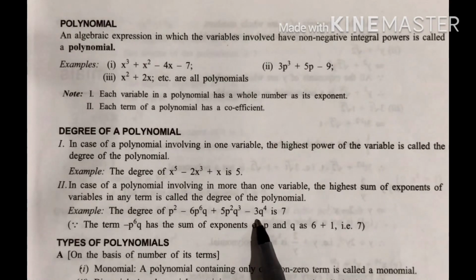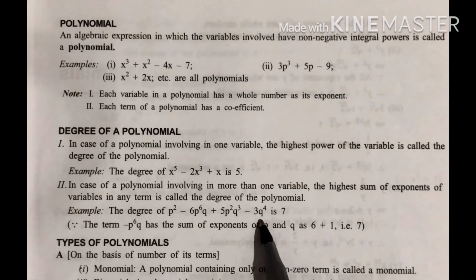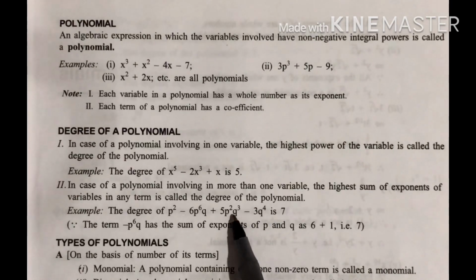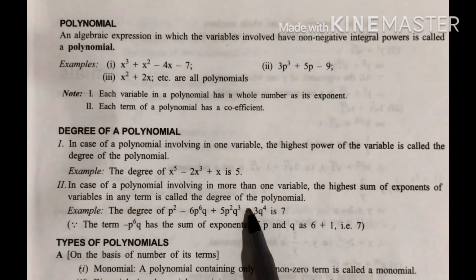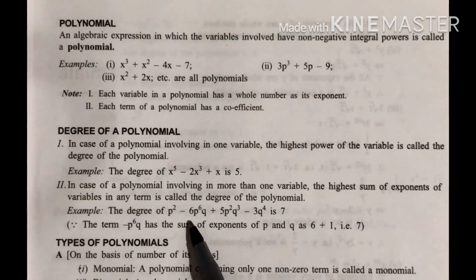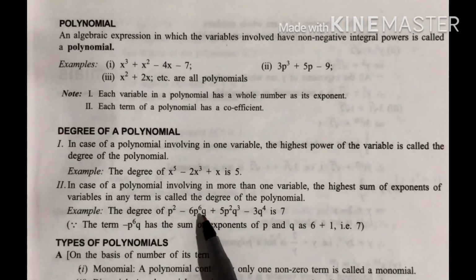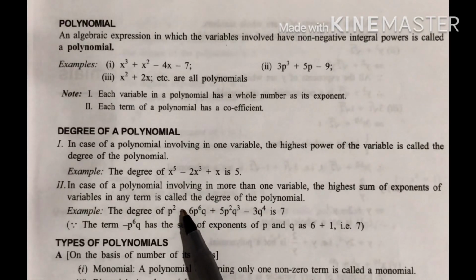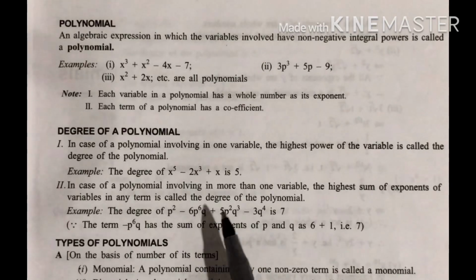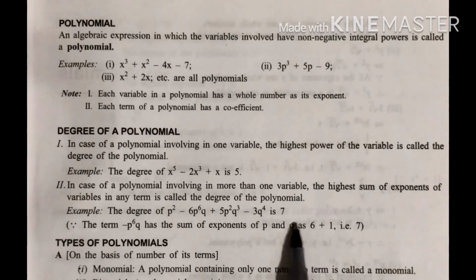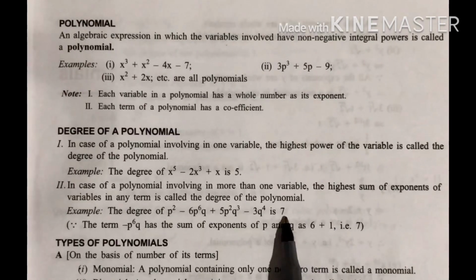Now we see all the terms. This term has power 4. This term has 2 variables p and q, their sum we check, 2 plus 3 is 5. Here -6p⁶q, 2 variables are there, so their sum is 6 plus 1, which is 7. So the highest sum of any term is 7, and so the polynomial has degree 7.